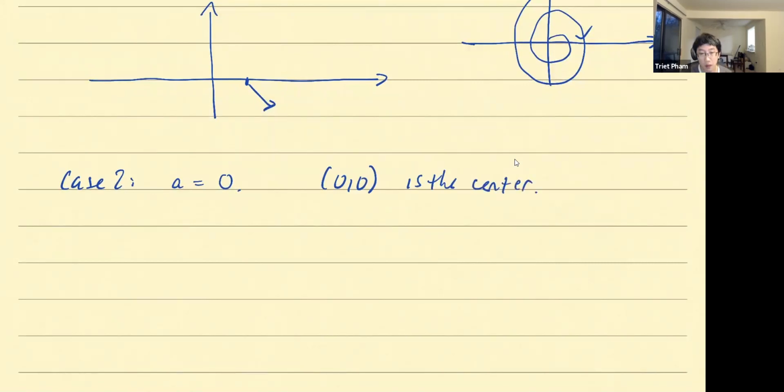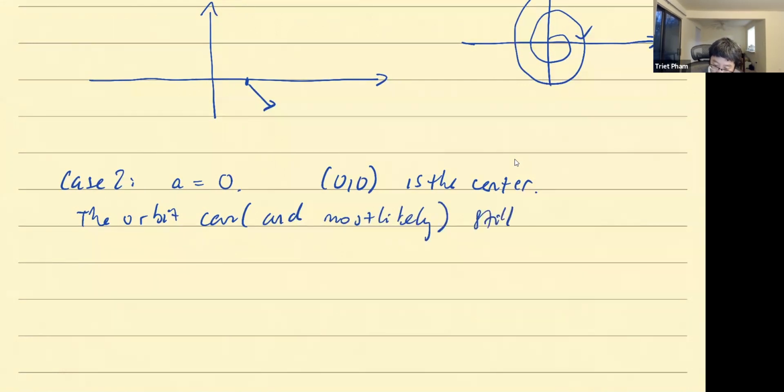But be careful to not take this word center as in like the center of a circle. The orbit can still be an ellipse. The orbit can and most likely still be an ellipse.